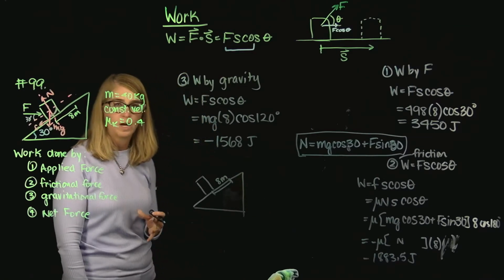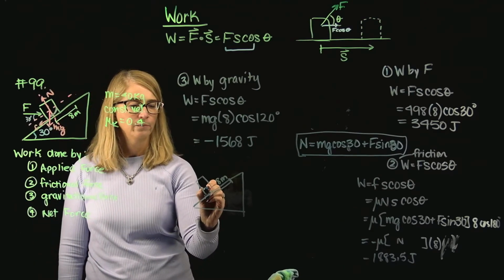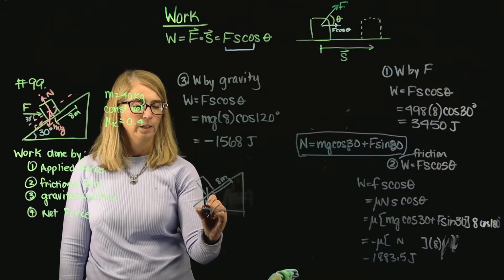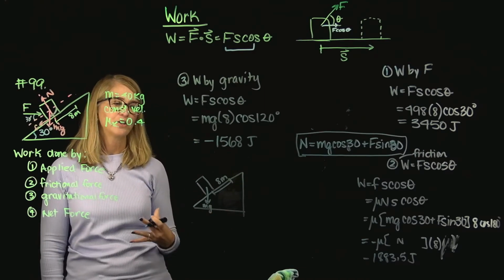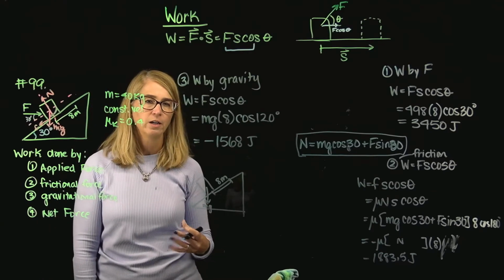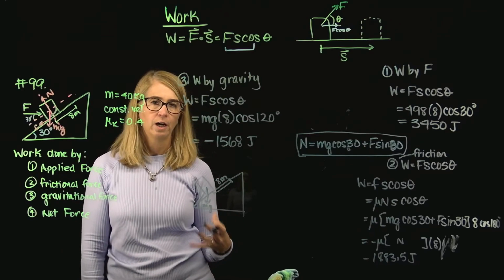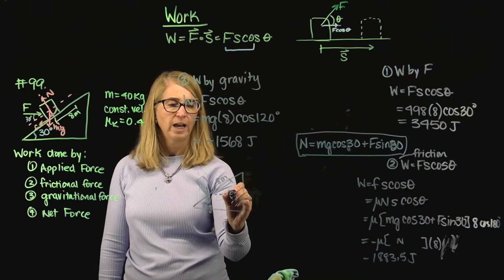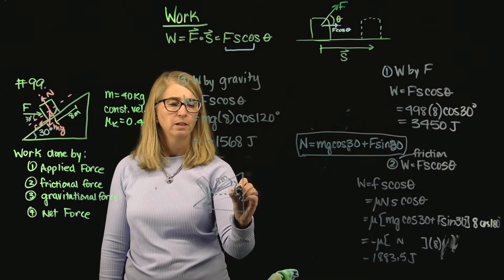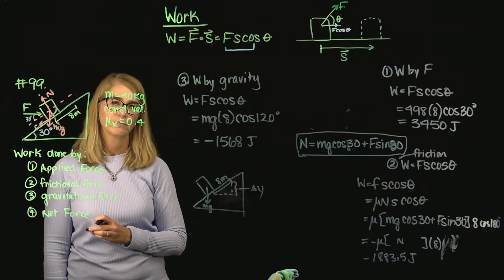So if I think of my box on the incline and it's moving 8 meters up the incline, and this is the force mg, I could actually think about how far did the block move in the direction of that gravitational force, which would be this change in y.